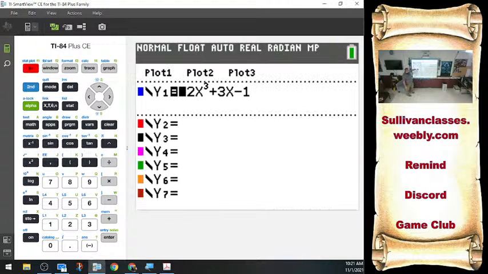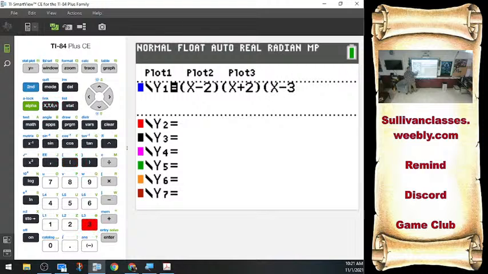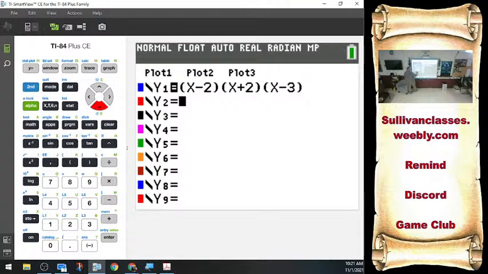Y is, Claire, we have a x minus 2 times a x plus 2 times a, what was it, x minus 3? Yeah. For the first one. For the second one, I've got a pair of x plus 2's.